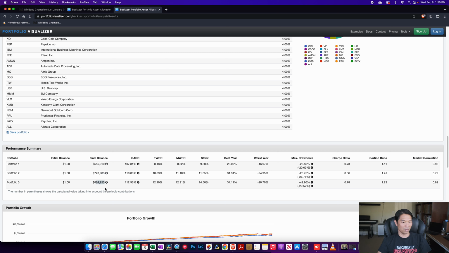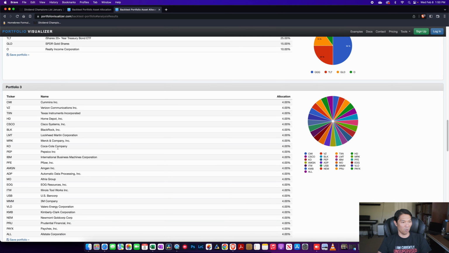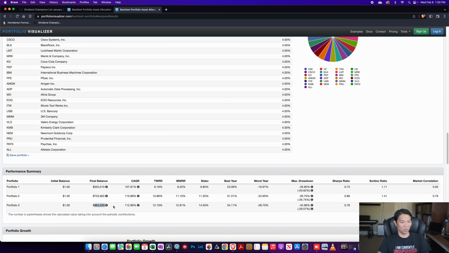This dividend portfolio is returning a lot better. Again, this is using the Schwab SCHD dividend ETF picks, and it's returning more than $100,000 more in the final balance. On a time-weighted return, it's also doing better, but the reason for that is pretty simple. And I don't know if you can see it, but it's because of the drawdown, 43% max drawdown. Okay, standard deviation is a lot higher compared to the dividend champions.